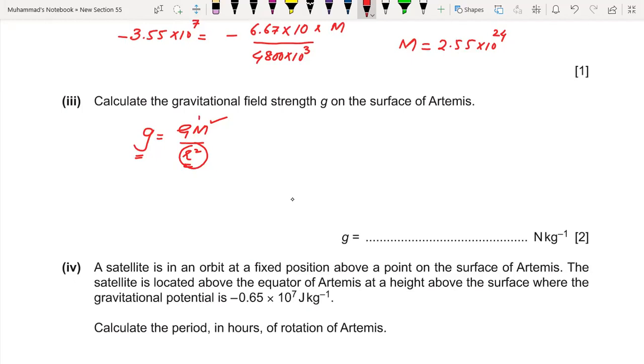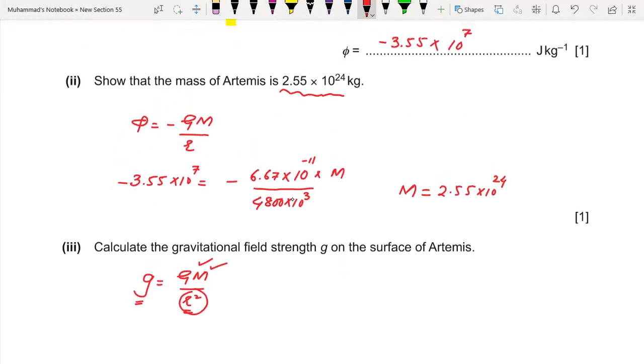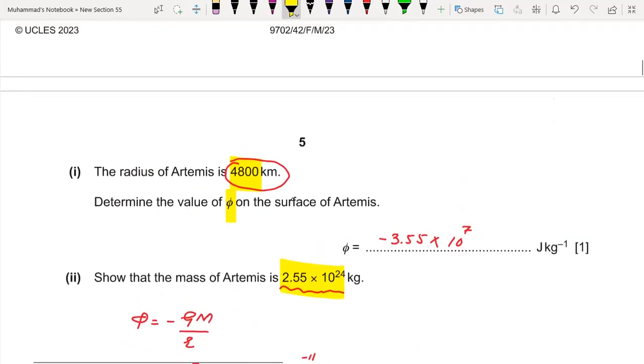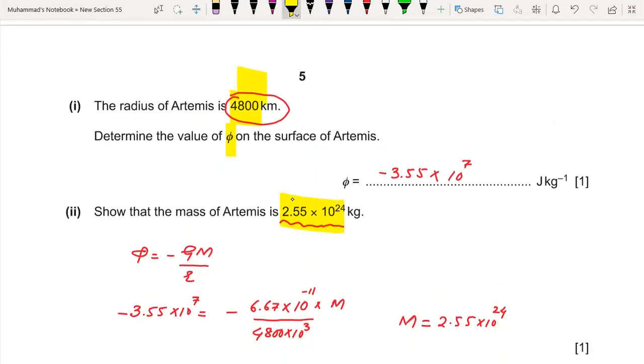Okay, and the mass of the planet is already known to us, that is 2.55. Put this value of mass over here, and the radius is this.